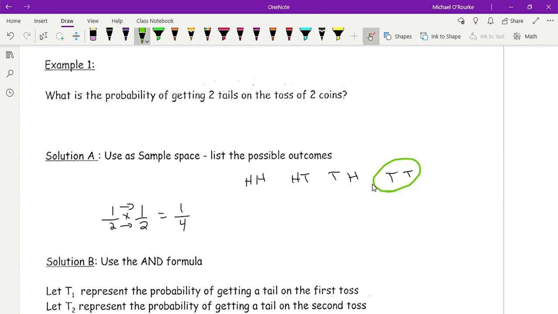Now, if we think about this event, is this an independent or dependent event? I'll agree with independent, but why is it independent? Good job, Hannah.